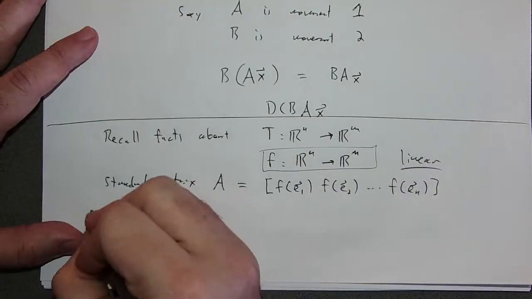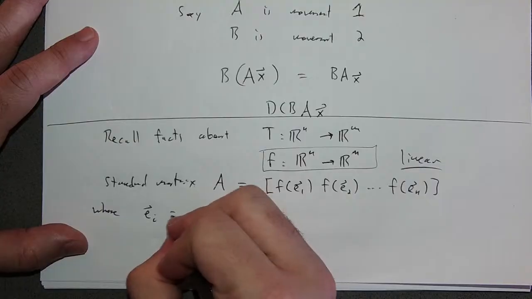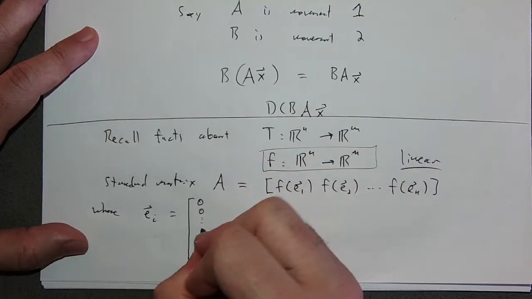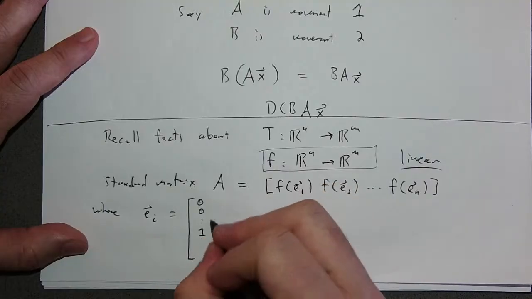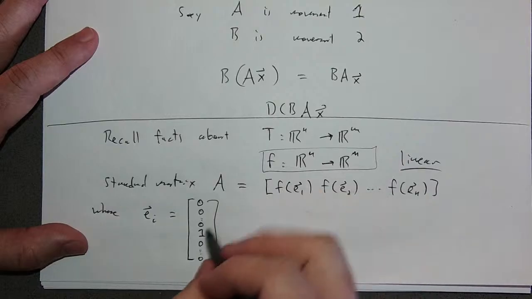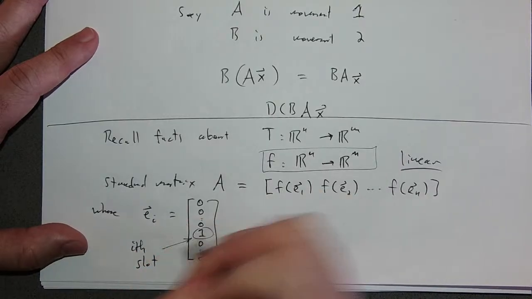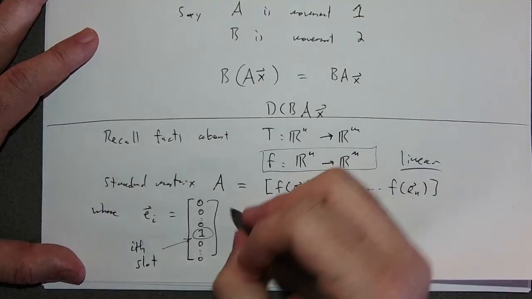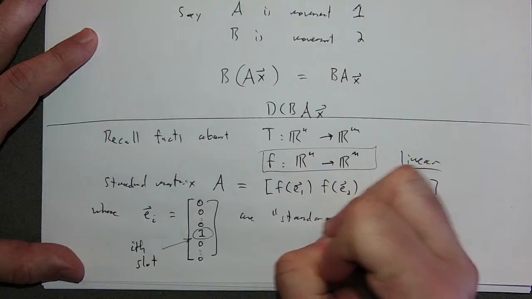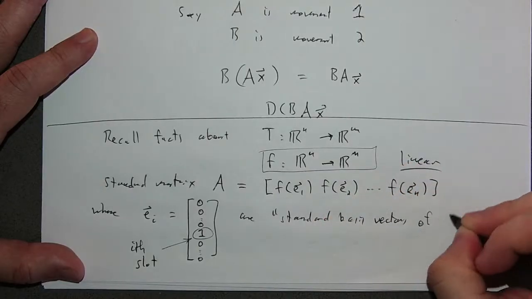Where ei are the standard basis vectors which have zeros everywhere except a 1 in the ith slot. This is the ith slot. These are the standard basis vectors of Rn.